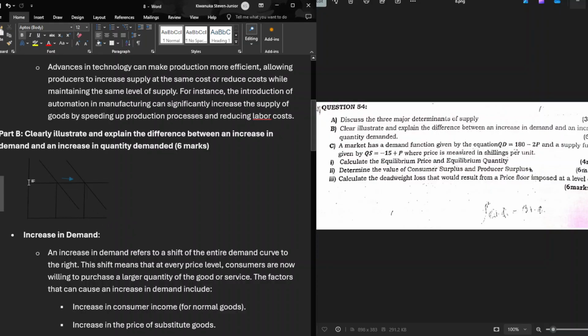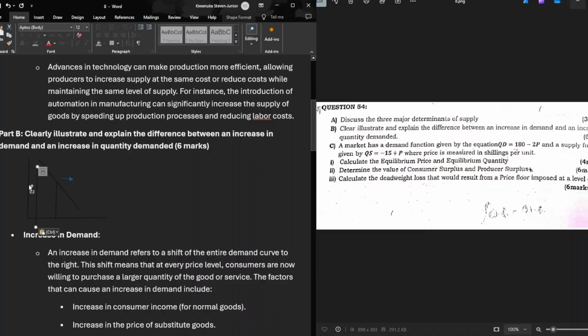Then increase in quantity demanded. I don't know if I can copy all this, but very soon I'm planning to buy a stylus pen which can draw. So for increase in quantity demanded, we have only something like this.